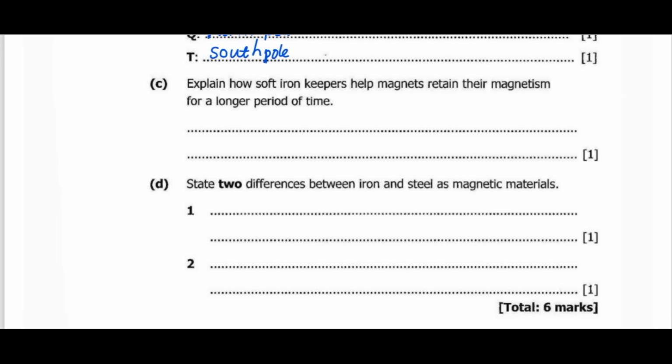So let's say a piece called D, a soft iron keeper, is placed across the poles.